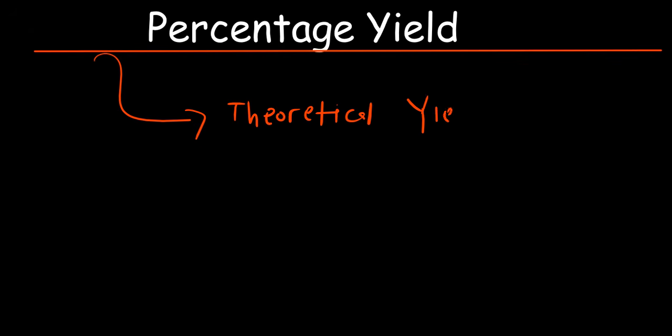However, in real life, some product is going to be lost, and reactions sometimes may even not go to completion. So the actual amount obtained is called the actual yield.